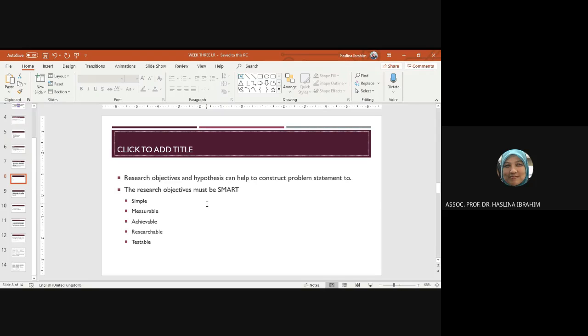And testable in terms of being able to conduct research on the issue. This is especially so if you are conducting fieldwork. Even now, I am supervising a student writing on a very classical work on mantik, on logic, which is not so much my specialization.